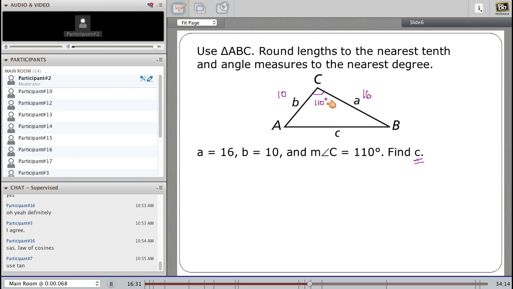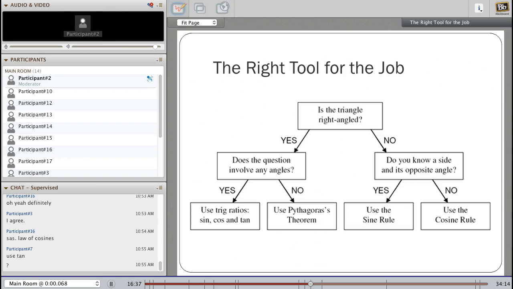So because this is an obtuse triangle, that already rules out the fact that it's a right triangle. So no, don't use tangent, because sine, cosine, and tangent are the SOHCAHTOA part. Don't use SOHCAHTOA unless it's a right triangle.